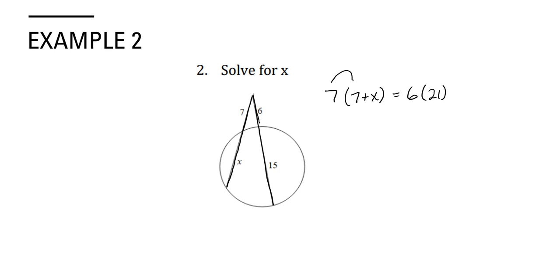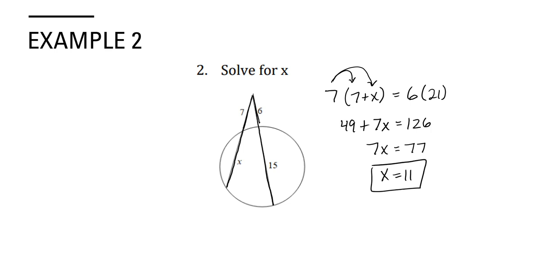If I distribute the 7, I have 49 plus 7X equals 126. And then if I subtract 49, I have 77. So X equals 11. And then it's not a bad idea to take a look at X equals 11, and does that make sense in our drawing? Does it look like that line segment could be about 11? And that does seem reasonable in our drawing.